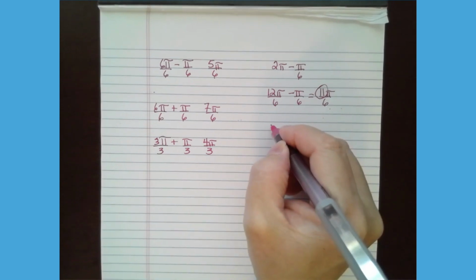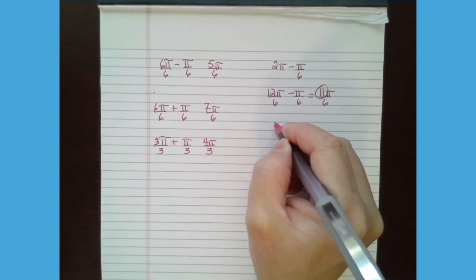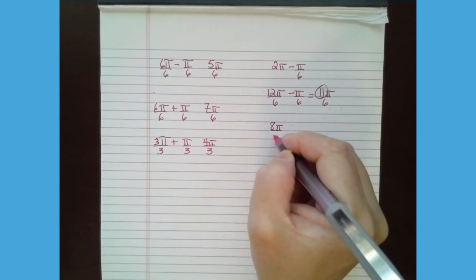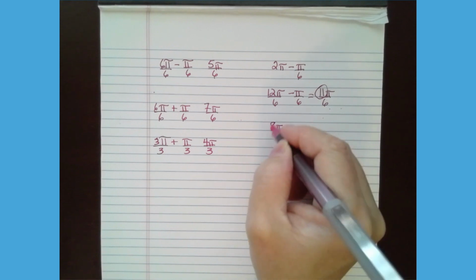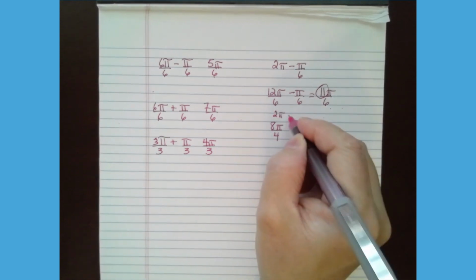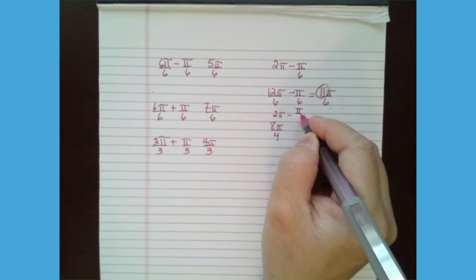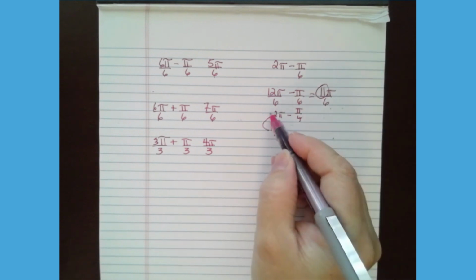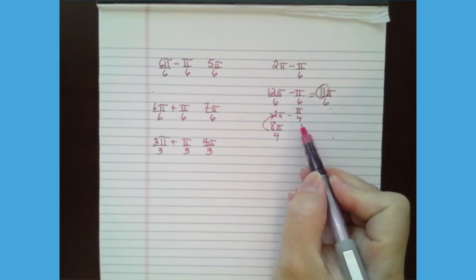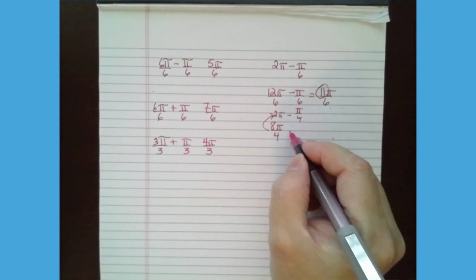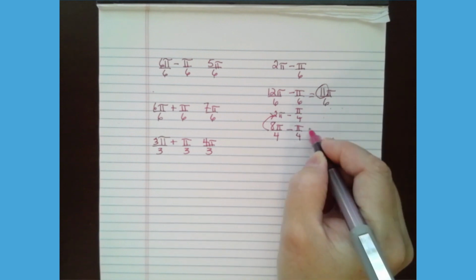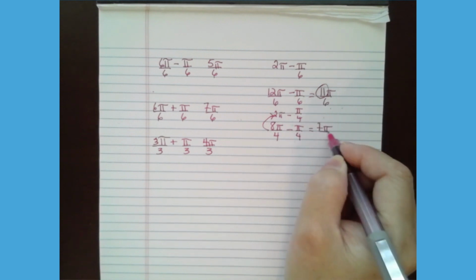If you want to talk about 2 pi in terms of fourths, you got to say 8 pi over 4 because that reduces to 2 pi. But I have to have it in terms of 4 so I can subtract it. So 8 pi fourths minus pi fourths is 7 pi fourths.